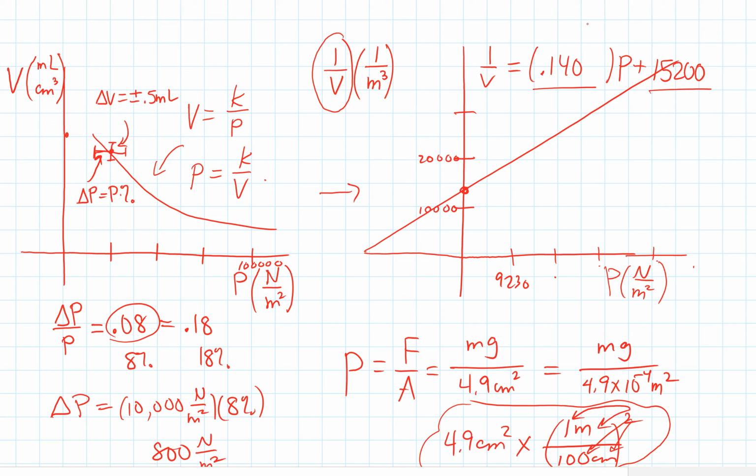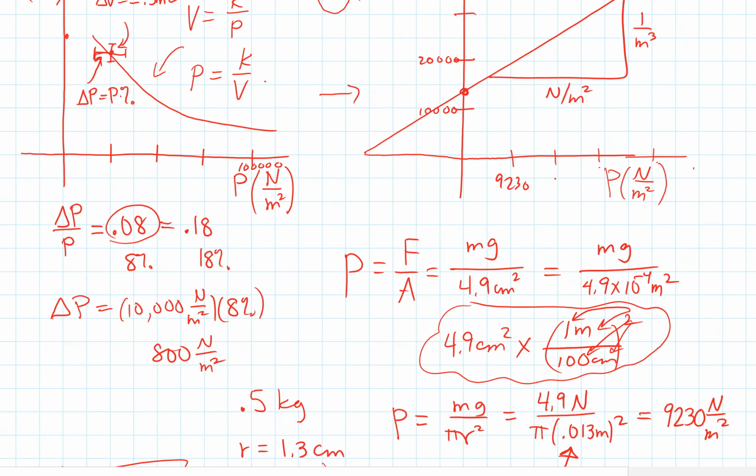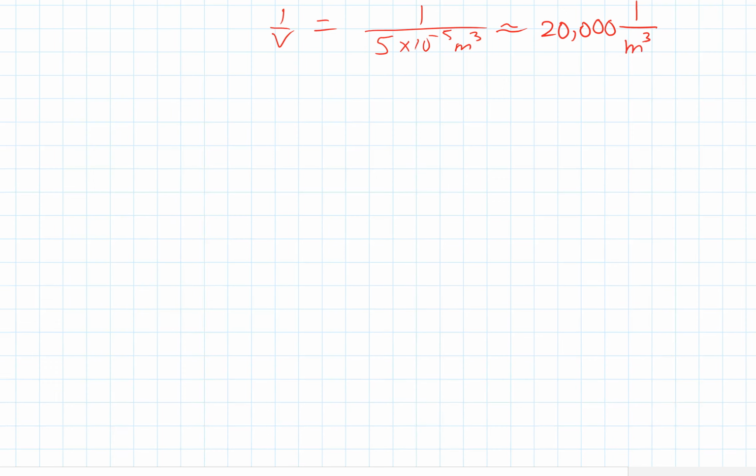Okay, so we just talked about the intercept, and the intercept is 1 over meters cubed. And what about the slope? Well, the slope is going to be 1 over meters cubed and then newtons per meter squared. So let me just bring that down here. So the slope would be 1 over meters cubed, divided by newtons per meter squared.